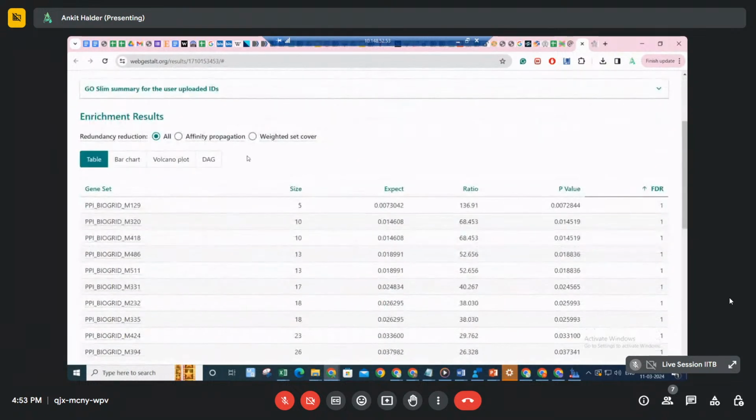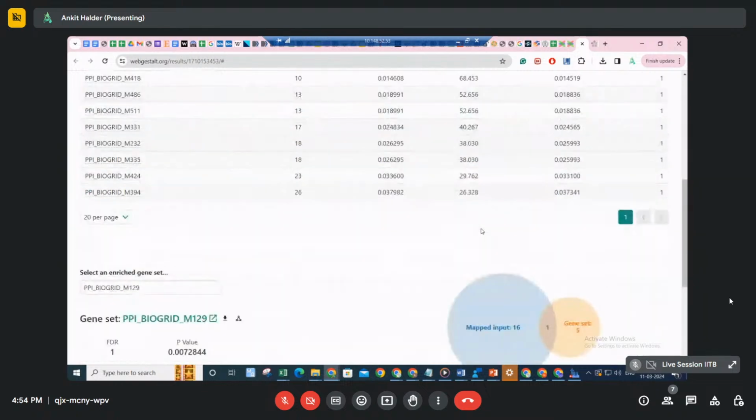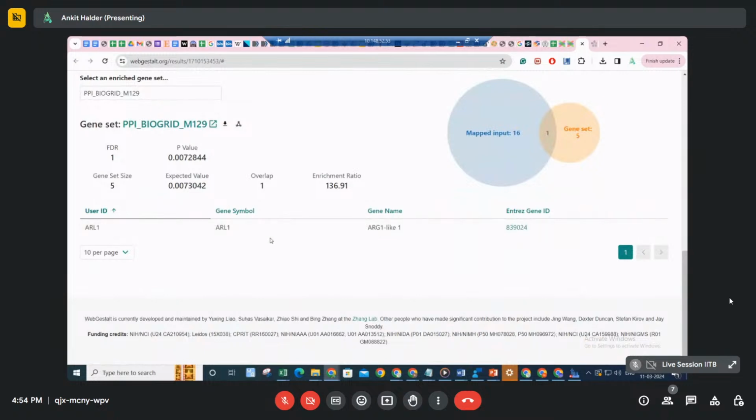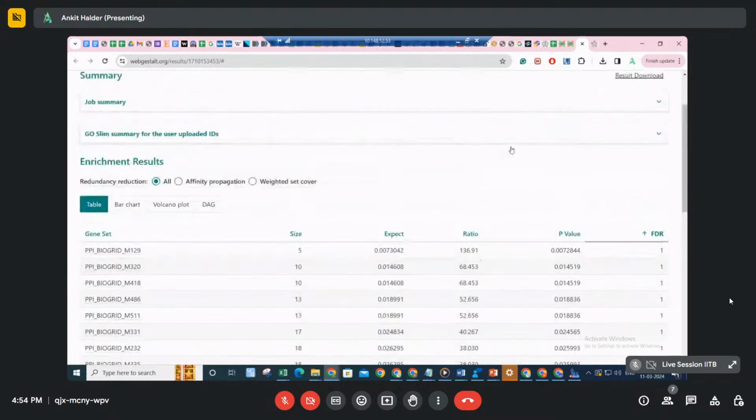So you can see this is the enrichment result. We have used for the network the PPI BioGRID, that is for the protein-protein interactions. So this is the size for different BioGRIDs. These are the IDs which they mention, and the expected value, the ratio, the p-values, the FDR and the gene symbols that you can get.